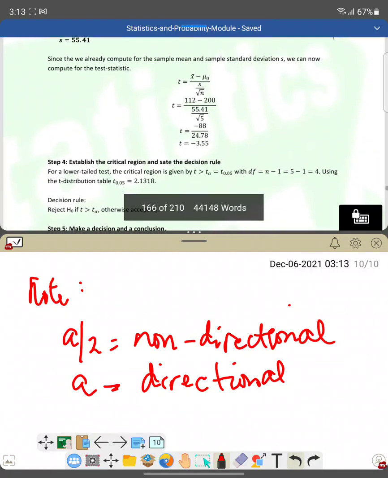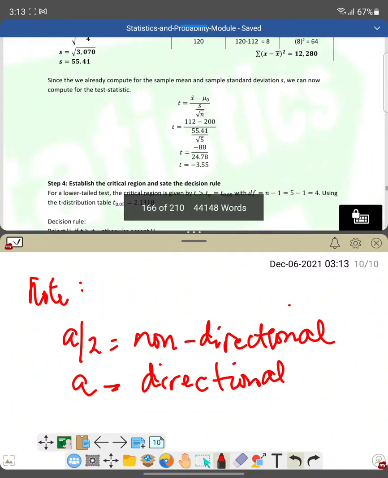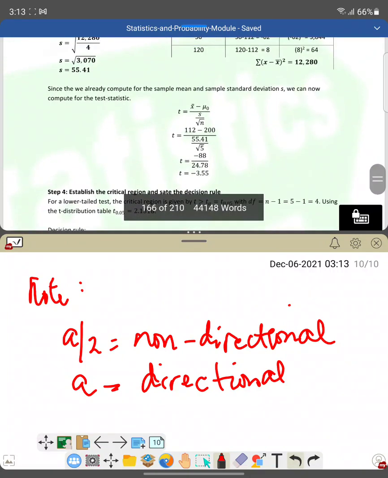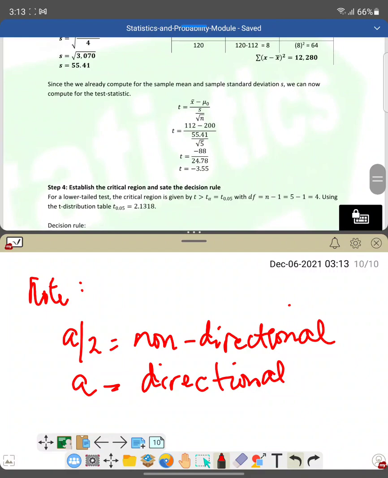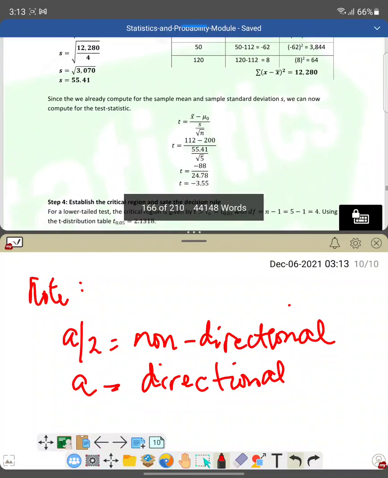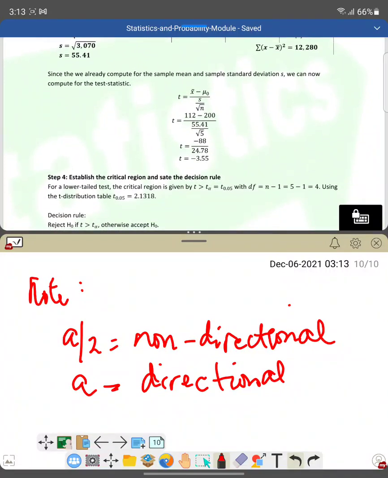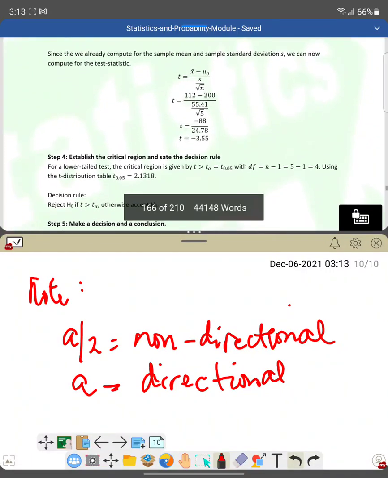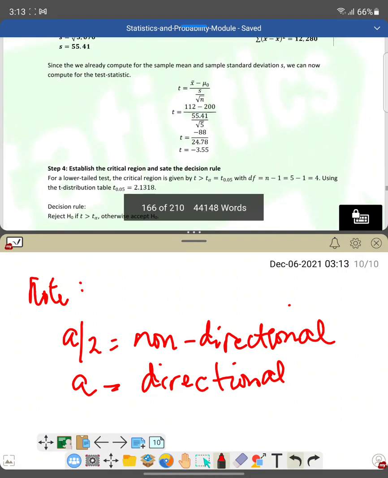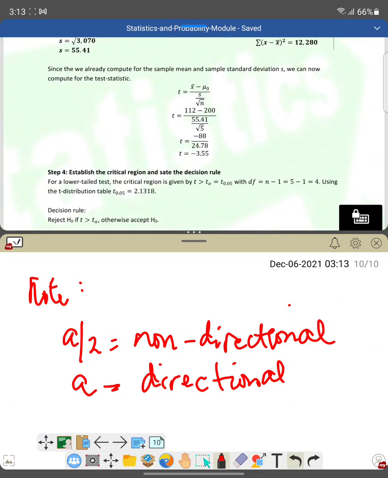Same process as with the sampling distribution. So we have now the t-test. We will use t equal to x bar minus hypothesized population mean over sample standard deviation over square root of sample size. So compute: 112 minus 200 over 55.41 over square root of 5.